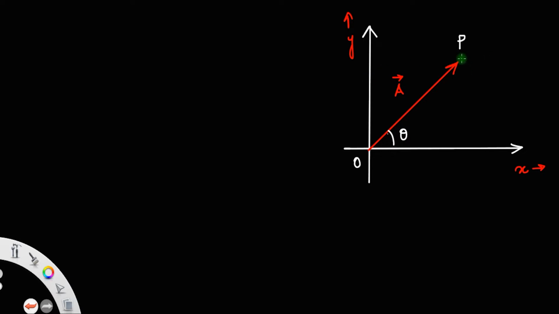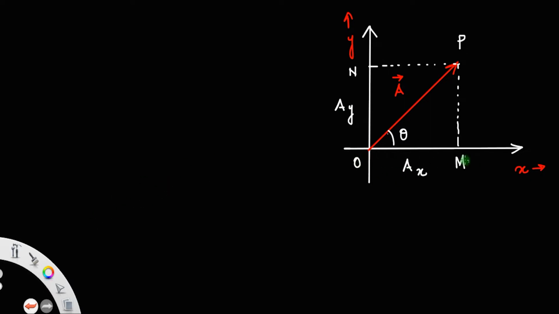Drop a perpendicular from the point P to the x-axis like this, and let's call that point M, and drop another perpendicular to the y-axis and let's call that point N. Then let the length of OM be AX, and the length of ON be AY.